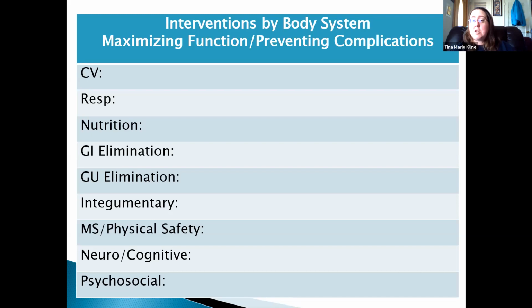Safety devices, making sure we're not having pressure on those bony prominences, or repeated trauma to certain areas. From a musculoskeletal standpoint, we want to maximize function for as long as possible and minimize complications. So getting them out of bed to the chair, ambulating, and range of motion exercises to build up those muscles and keep those joints functioning.